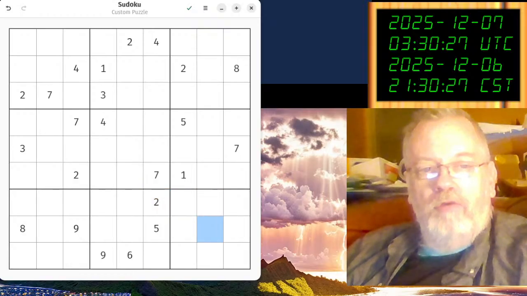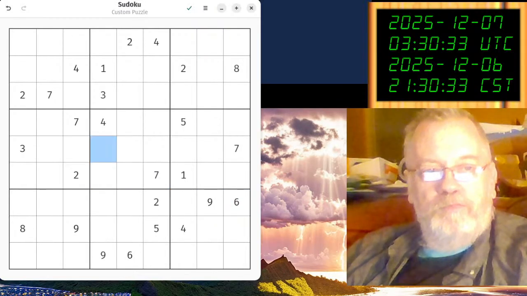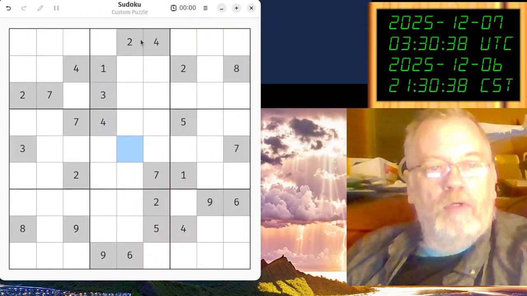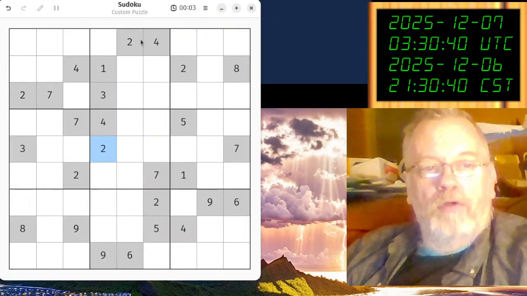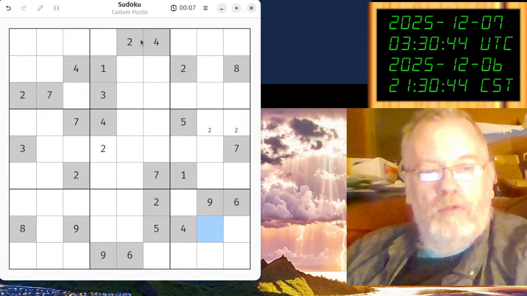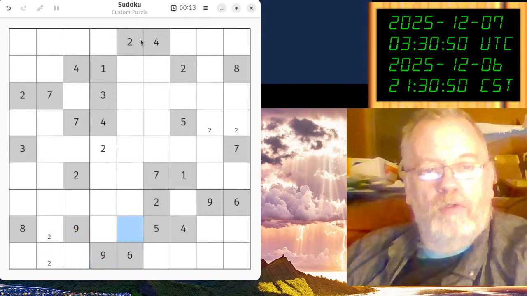In any case, this is rotationally symmetric around the center. Give it a check. All right, did not botch that. We get a 2 here. One of these two will be a 2. Got 4 possibilities here, 2 possibilities here.